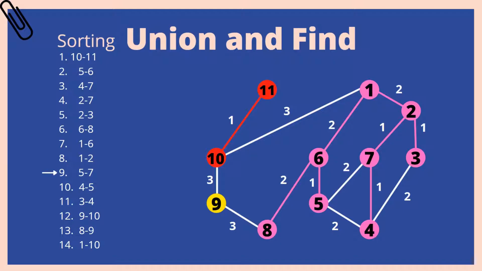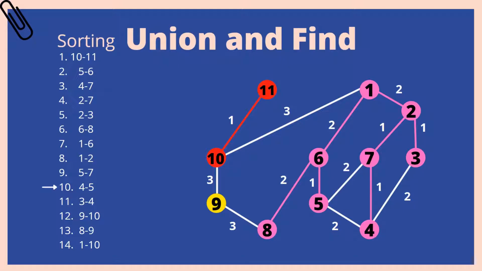In this case, yes, 7 has its parent as 5, and 5 is itself its parent. So yes, it will make a circle, and we will not consider this. Now next 4, 5. Same here, 4 and 5 both have the same parent, 5. So we will not consider this one also.